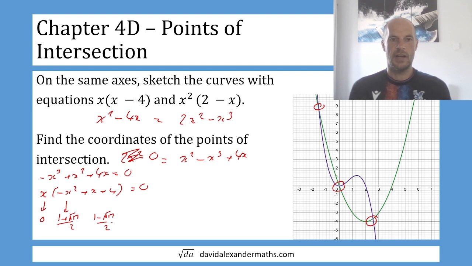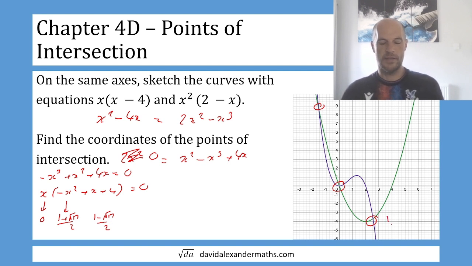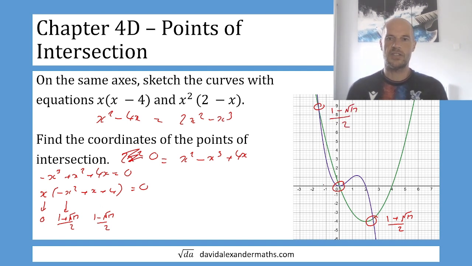Okay, so 1 plus the square root of 17 over 2 is 2.56. So this is the 1 plus root 17 over 2, and this is the 1 minus the square root 17 over 2. There we go. So we've got the 0, 0, that's sorted.